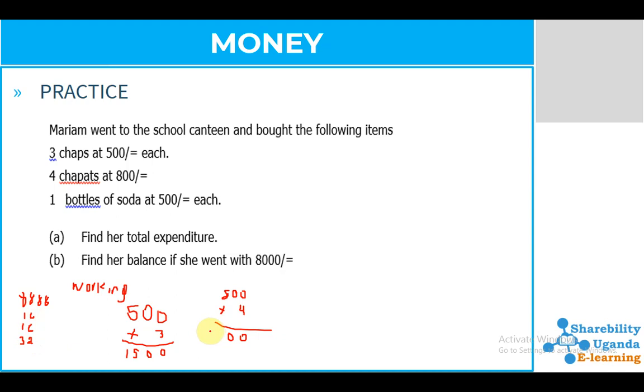So this means we shall be having our 3,200 here. Then the cost of one bottle.